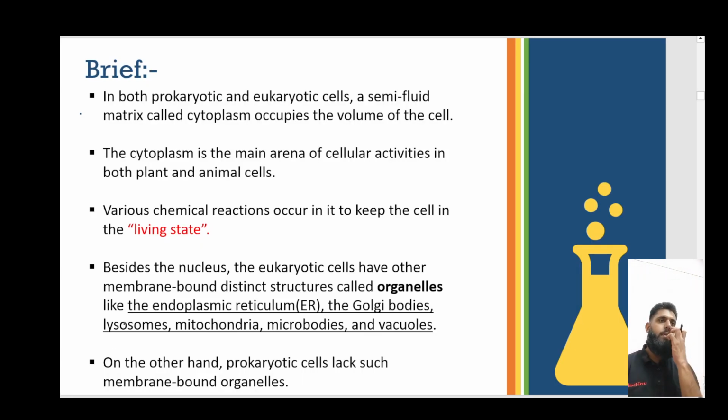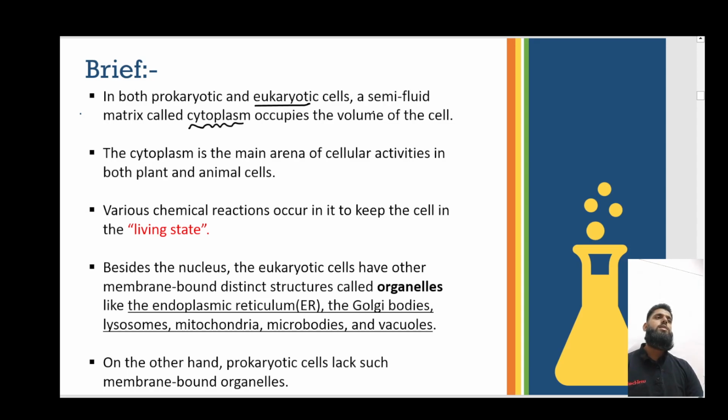Now if we talk about some other organelles, as I told earlier, prokaryotic cells do not contain any other organelles, but eukaryotic cells contain all the other organelles. A semi-fluid matrix called cytoplasm, very important.